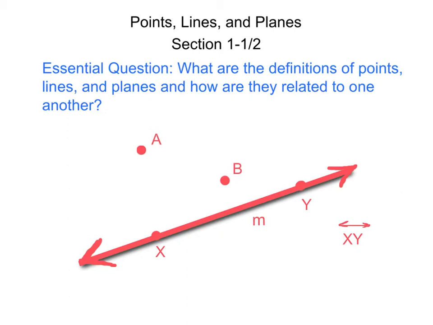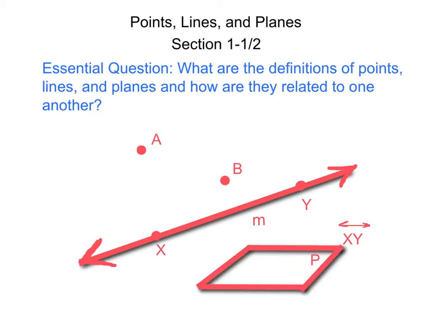Well, we can't represent that effectively on a piece of paper, so what we end up doing is we picture a plane by drawing a four-sided figure. So the plane might be represented by this four-sided figure, and we label it with a capital letter, in this case P. So this would be plane P.